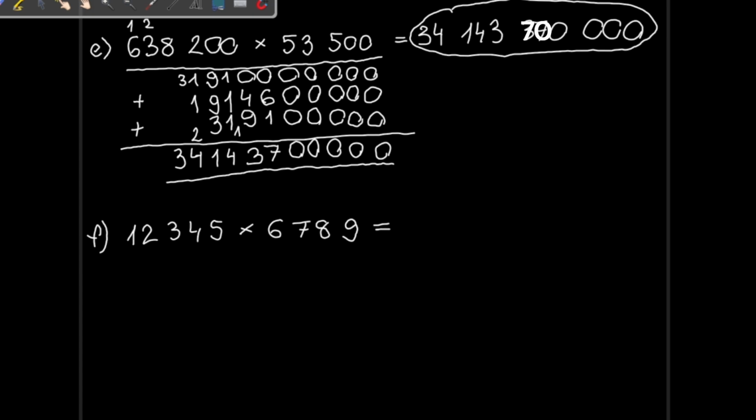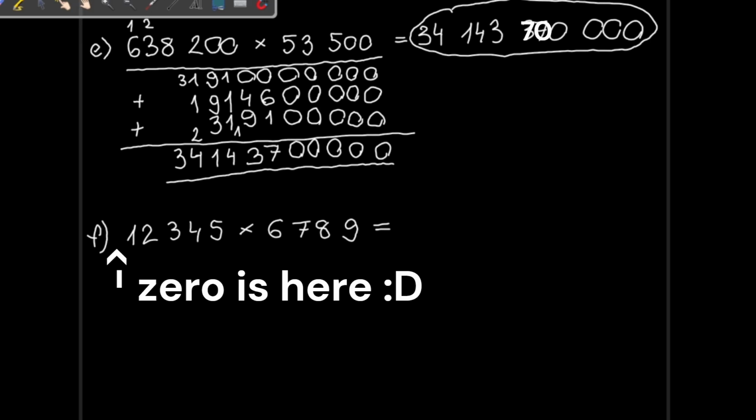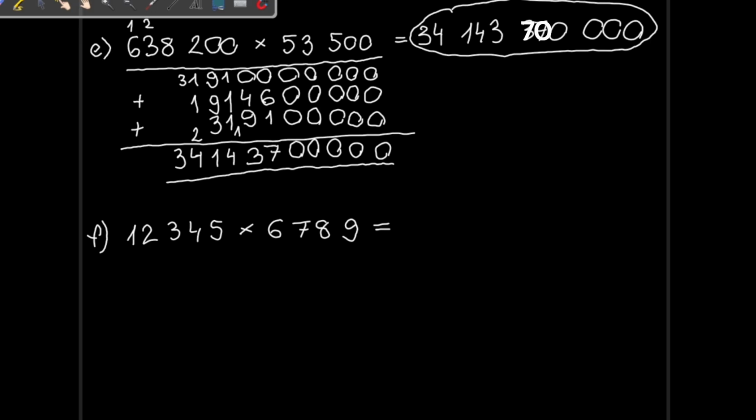Yeah, let's multiply this. So these are just all the possible digits written as a multiplication. So we know what to do. We start with 6 here.